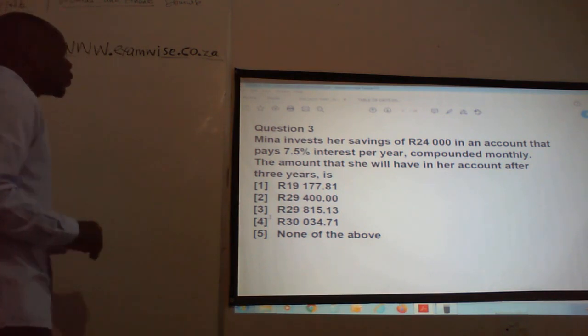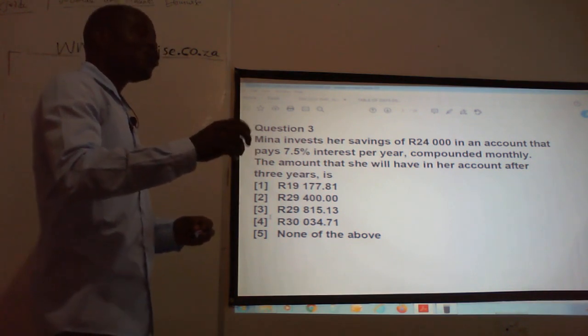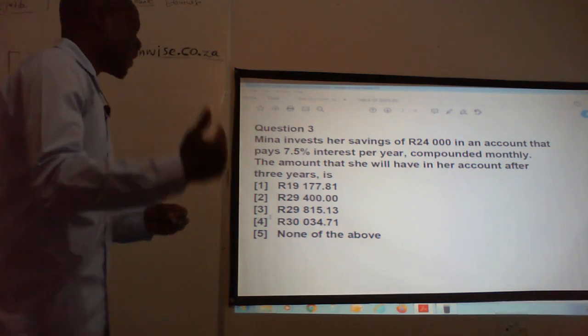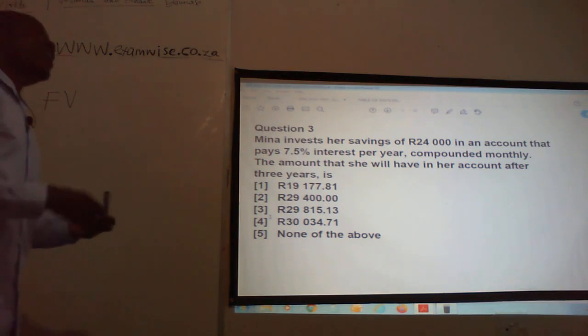Before we go to our question, the variables which we will be playing around with, let me start with our future value. The first variable here is our future value.